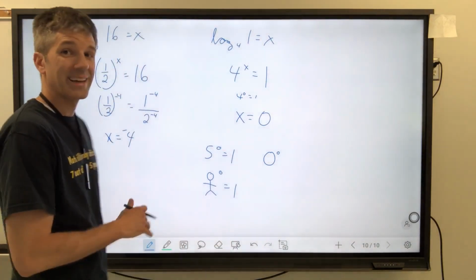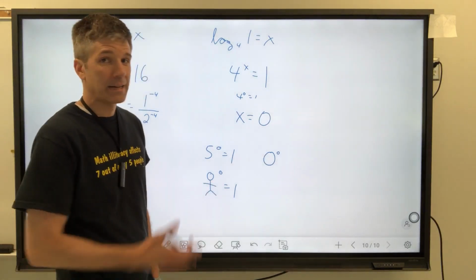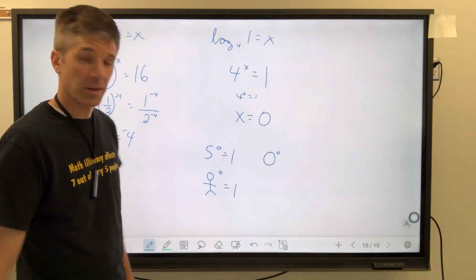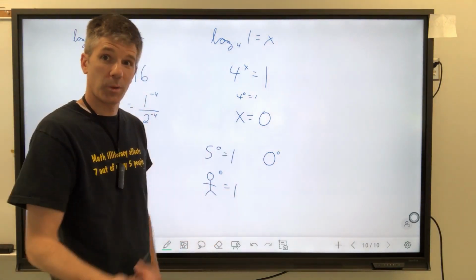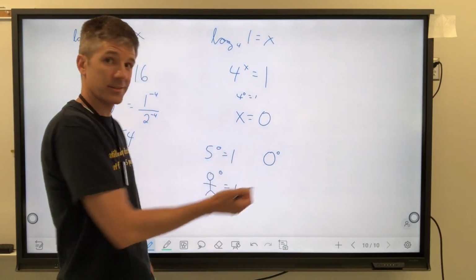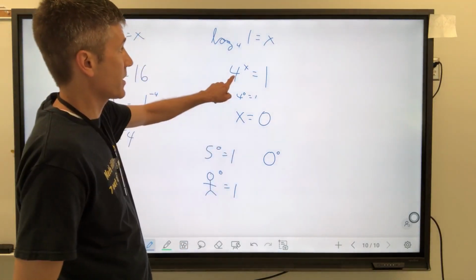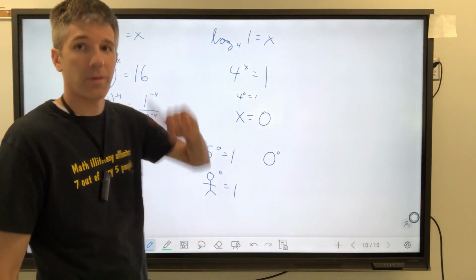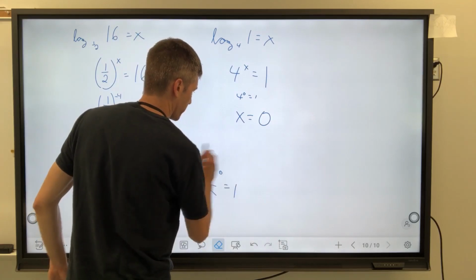Nobody knows what it is. Desmos thinks it's equal to 1. I disagree. There are arguments all over the place because 0 to a power is 0. Something to the 0 is 1. So what's 0 to the 0? Who knows? So as long as this is not a 0, you raise it to the 0, you're going to get a 1. So let's erase, go to the next problem.